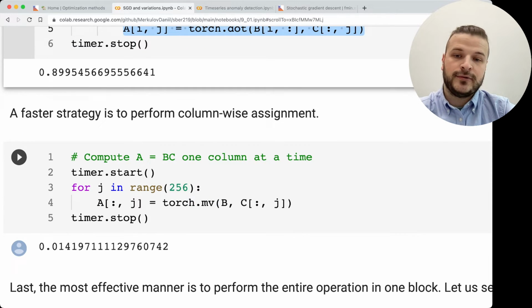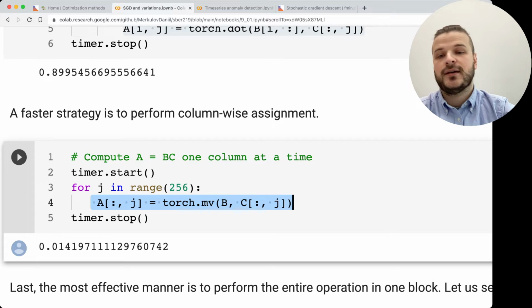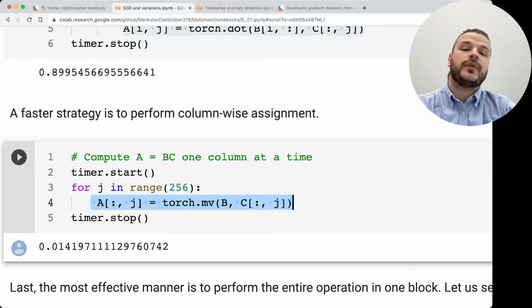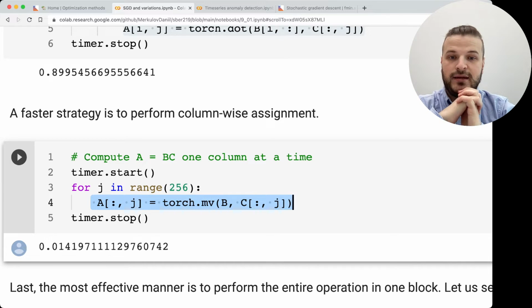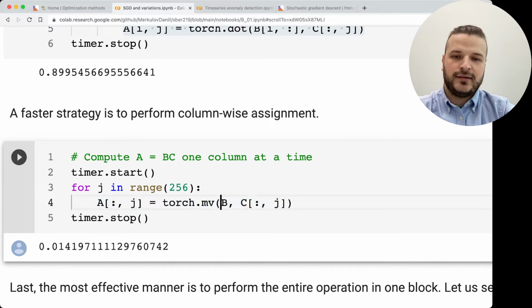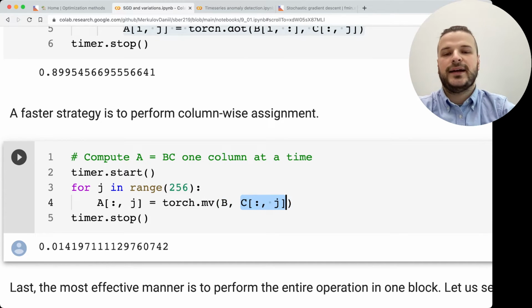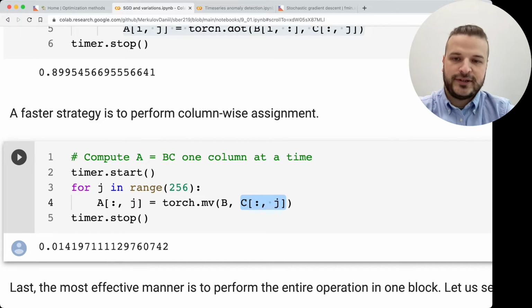But if you do it in a parallel way, you can compute, for example, the whole column of matrix A. You'll just take the matrix B and multiply it iteratively by each column of matrix C, right?